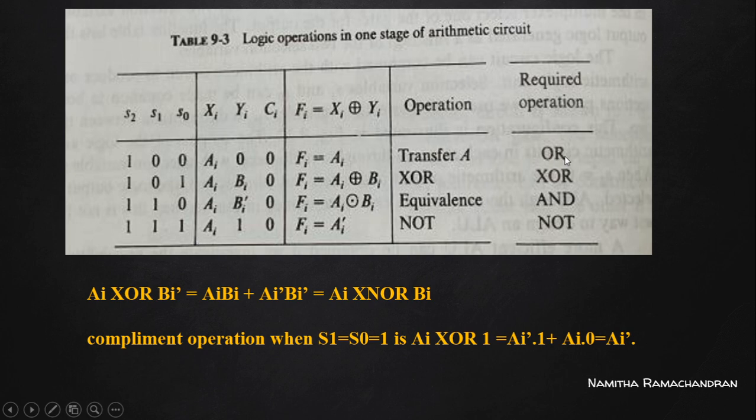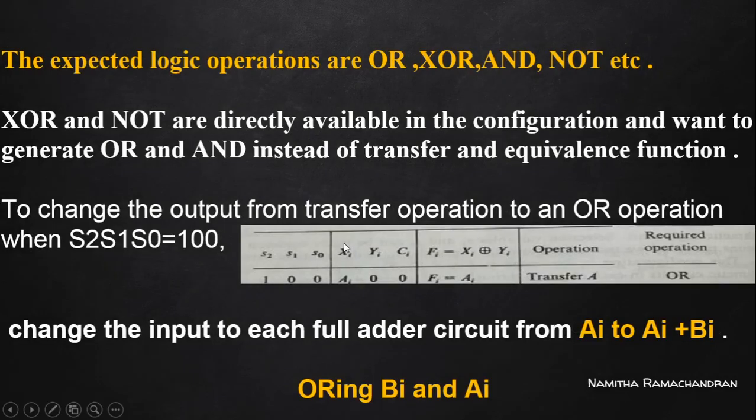Our task is to convert this transfer operation to the logical OR operation and this equivalence operation to the logical AND operation by making certain proper changes over the Xi and Yi inputs of our full adder. Now consider that the expected logic operations are OR, XOR, AND, NOT.